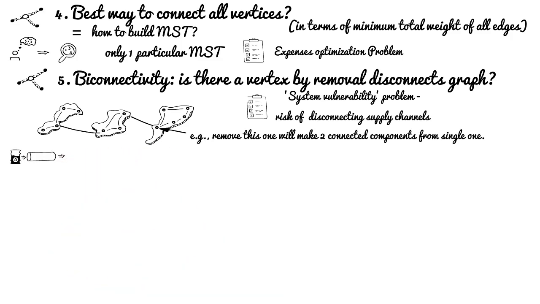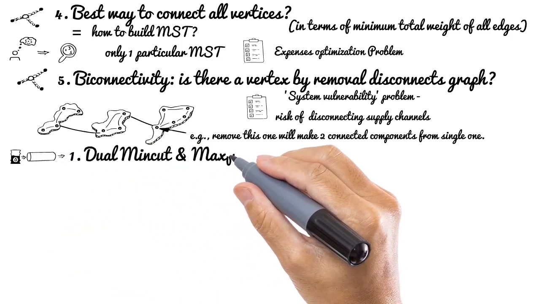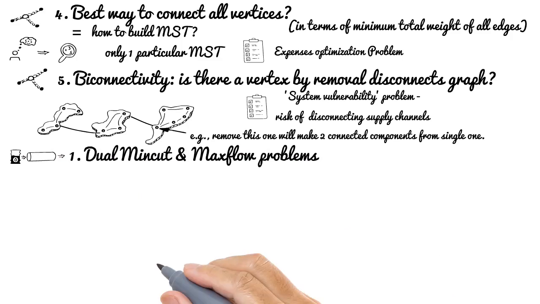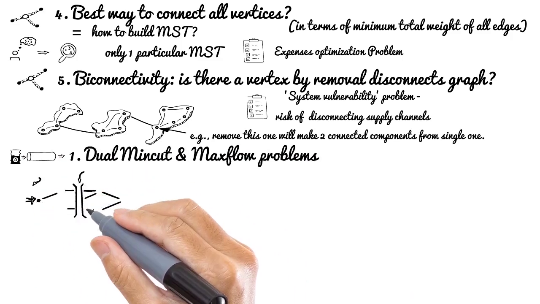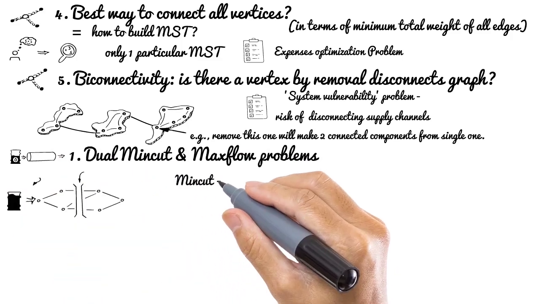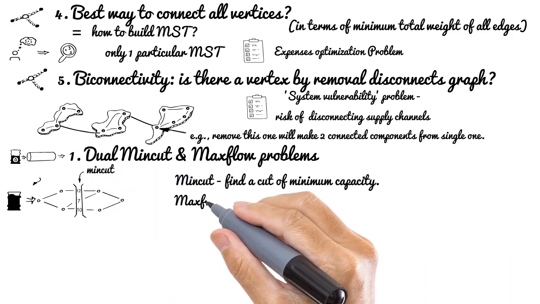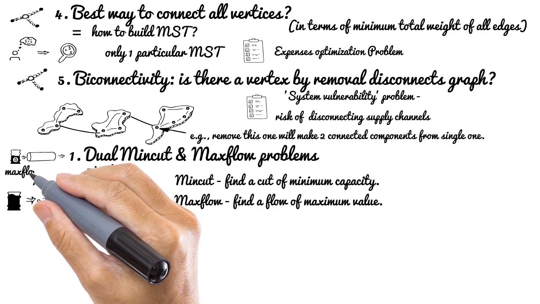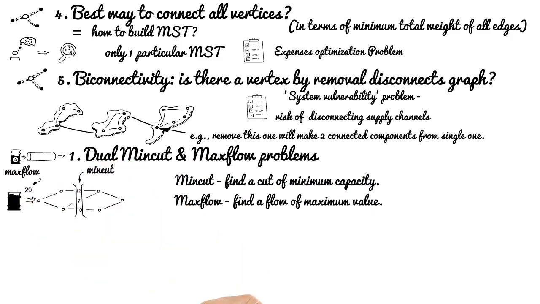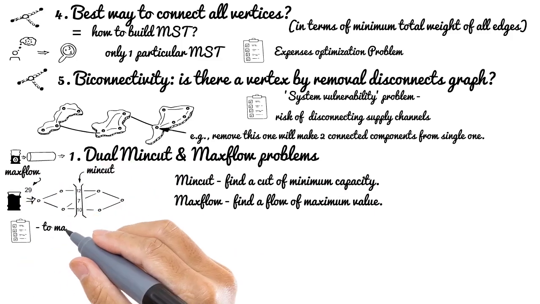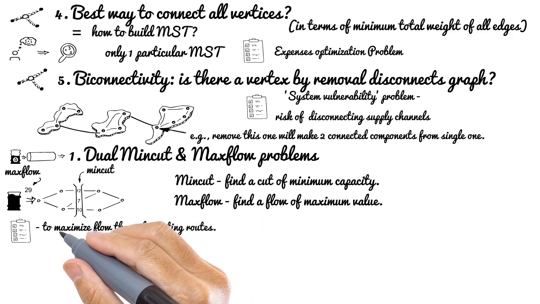Flow and capacity group. Use case: dual Mincut and Maxflow problems, which we discussed, are underneath this use cases group. Mincut: find the cut of a minimum capacity. Maxflow: find the flow of a maximum value. Practical goals: to maximize flow of supplies through existing routes.